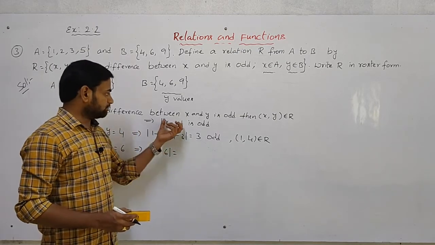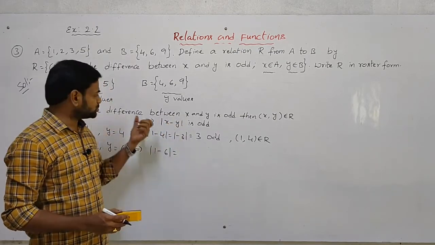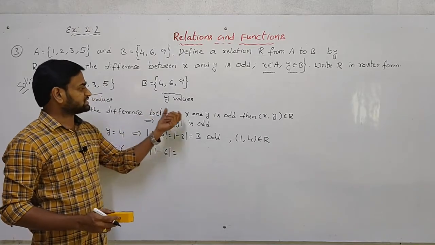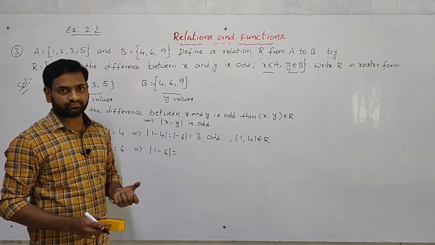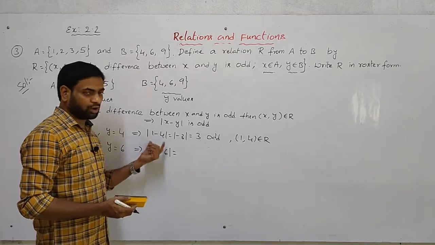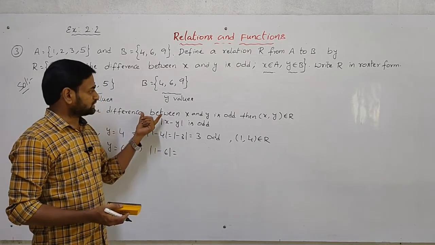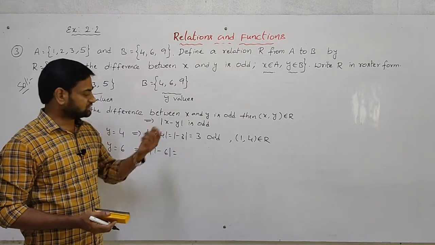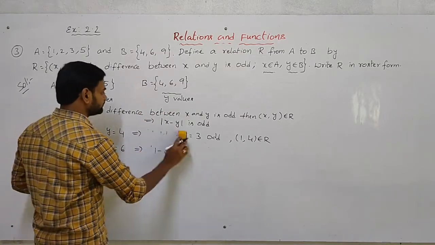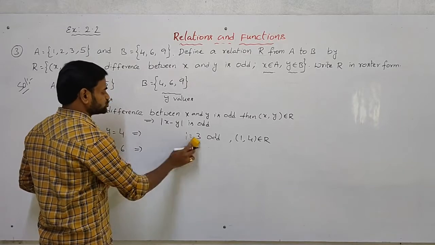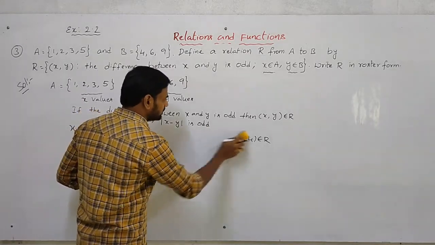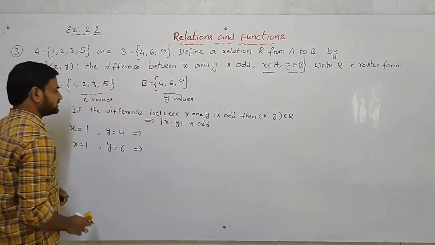You can take here mod or just write the difference between x and y is 3. If you don't know about mod, just write here the difference is 3 like that. I'm writing here clearly because so many students don't know what is the mod.